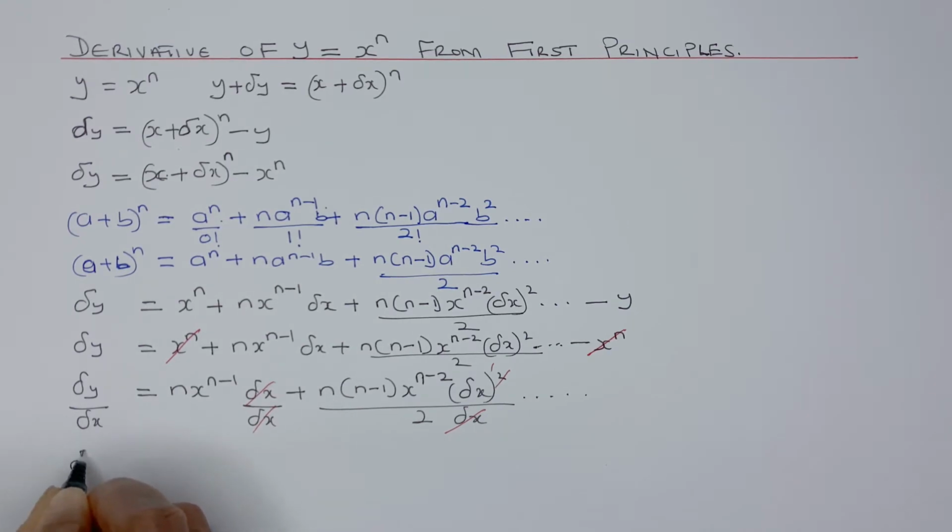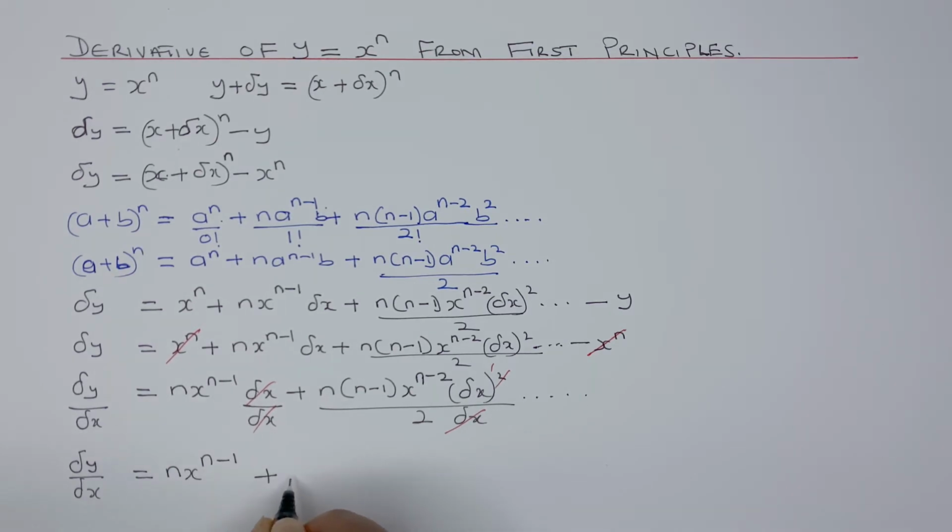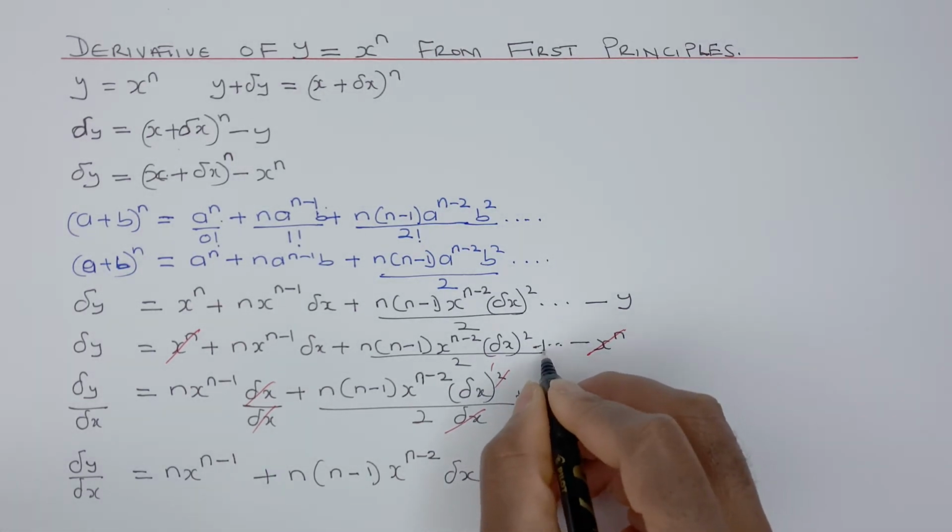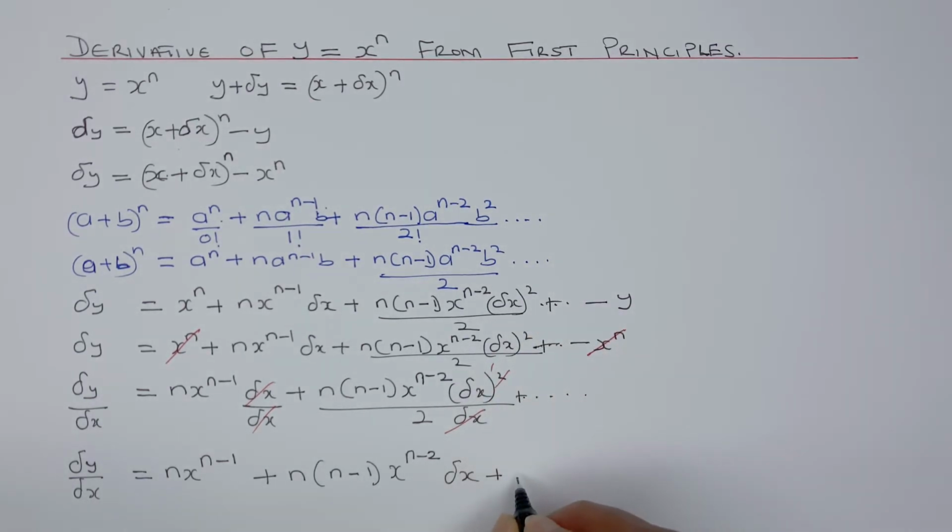And so you then get delta y over delta x equals n x to the power n minus 1 plus n into bracket n minus 1 x to the power n minus 2 delta x, plus dot dot dot, and it goes on.